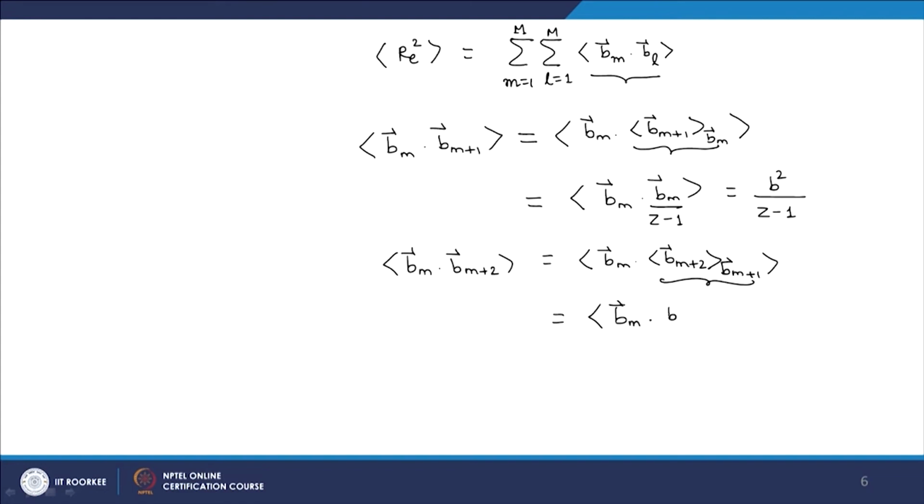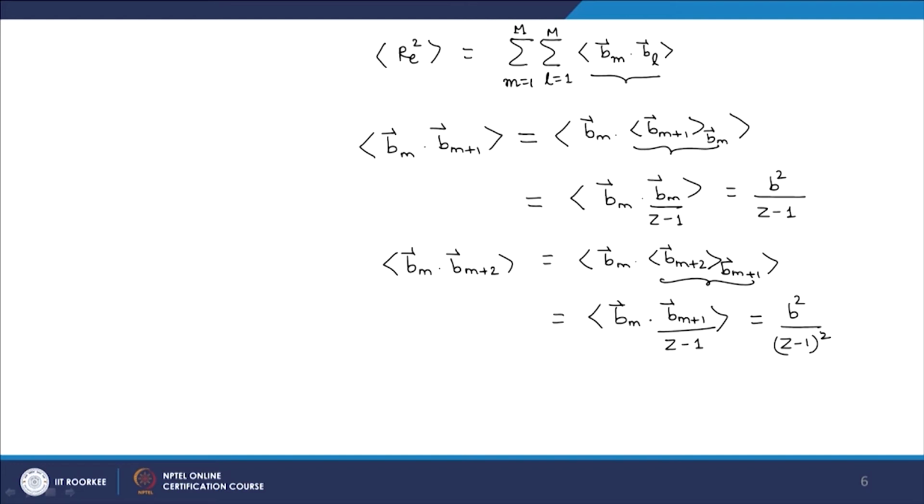So, this will be equal to Bm dot Bm plus 1 divided by Z minus 1. We already have seen what the Bm dot Bm plus 1 averaged is. So, this becomes something like B square by Z minus 1 whole square.